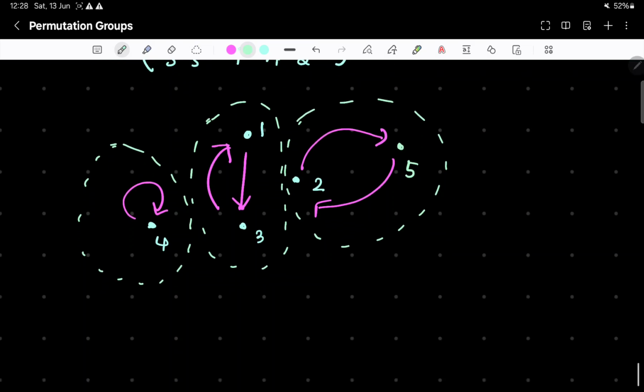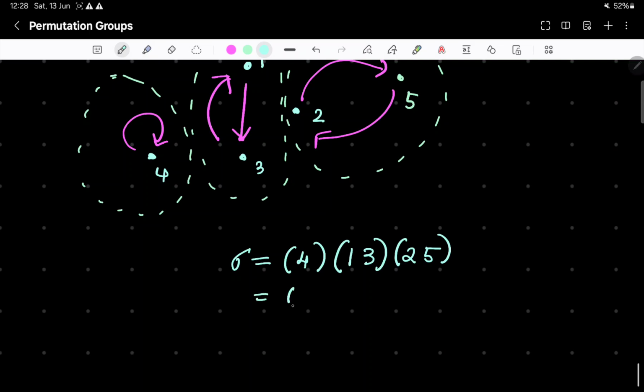So in cycle notation, this sigma can equivalently be written like this: 1 goes to 3, that is the meaning, 1 3, and this is 2 5. You can avoid the 4 also, because 4 goes to 4. If it is only one element, you can avoid that. Then you write 1 3 2 5.